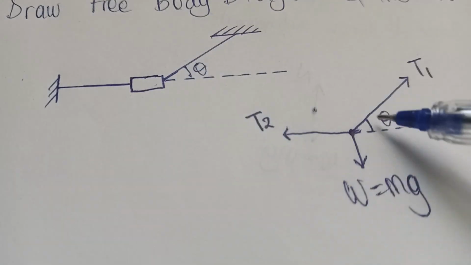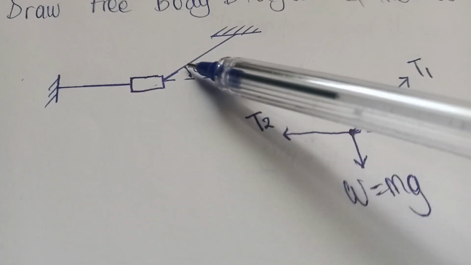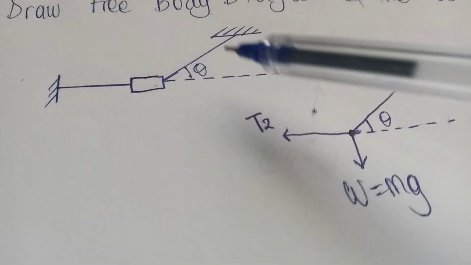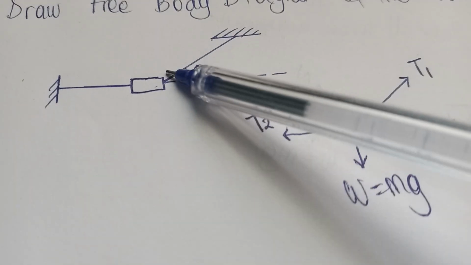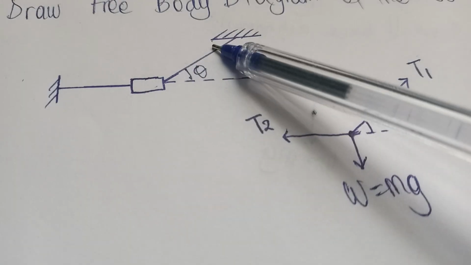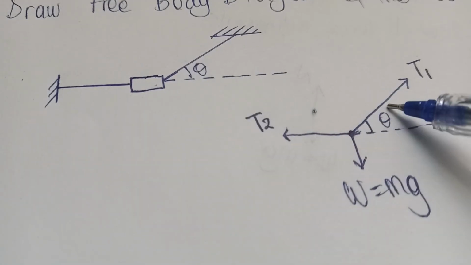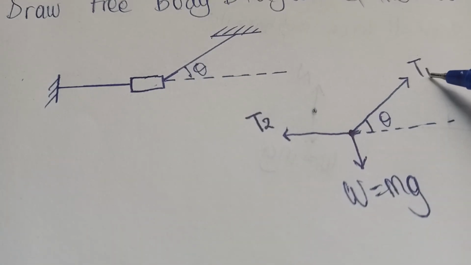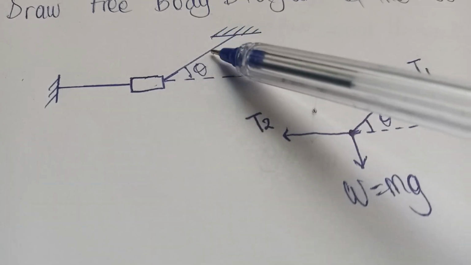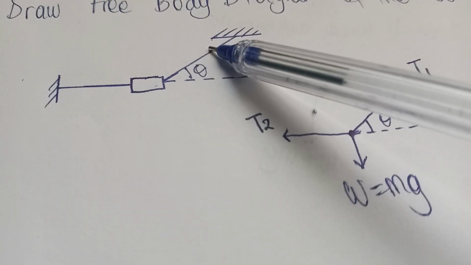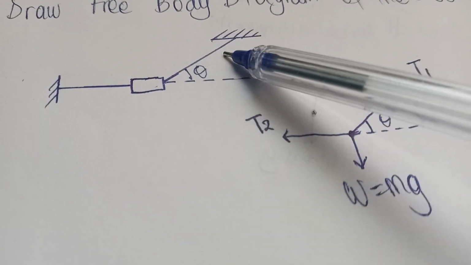So this string is the one that is lifting it up, but in a slanted direction. It's not pulling it down, it's pulling it up. If you can imagine properly, this is the tension T1. But at the same time, if you were up here on this rooftop, you would feel as if this string is pushing you downwards.